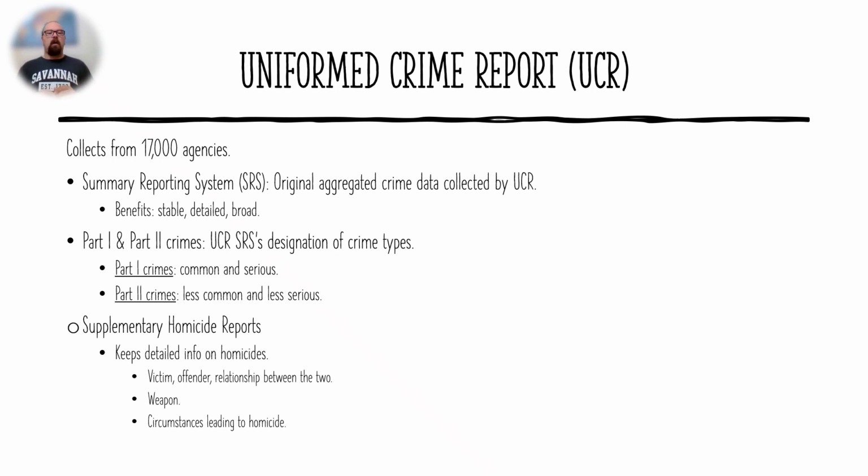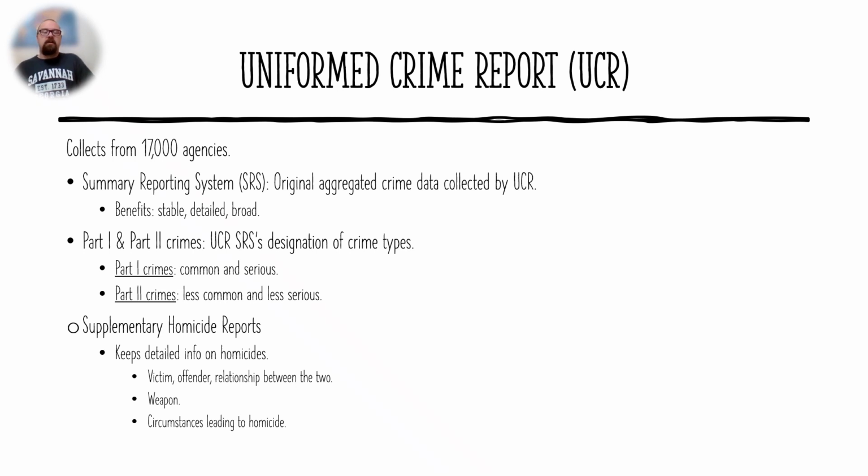And so you see that it's very stable methodologically when you're utilizing the UCR. And it gathers information from broad areas of agencies. So you have all types of agencies that are reporting crime to the FBI under the UCR.